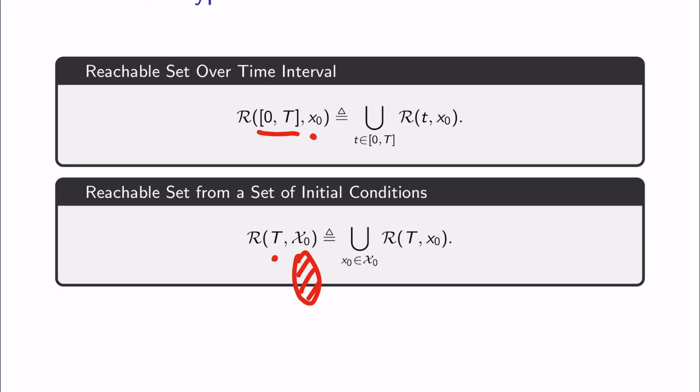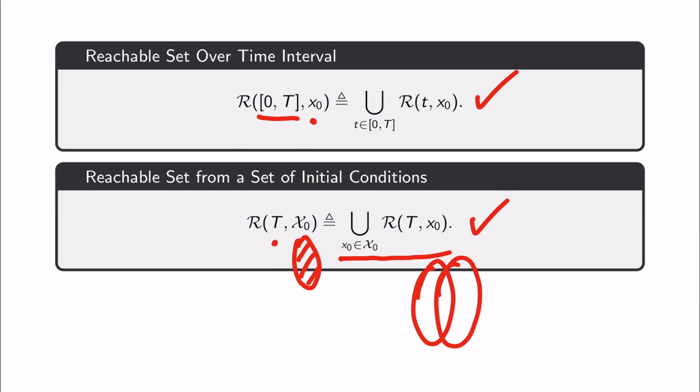We discussed what that is, and we are basically doing the same thing for the second argument. The logic is the same: we have many reachable sets, and then we take the union of them.